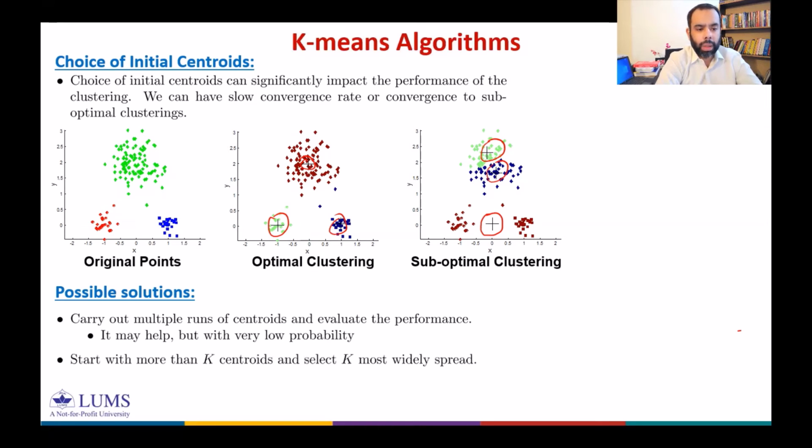Alternatively, you can start with more than K centroids and select the K most widely spread. If you start with, say, 10 centroids, we could have small clusters, and when the algorithm converges, we pick the best three widely separated centroids and rerun the K-means algorithm on those three widely spread centroids.